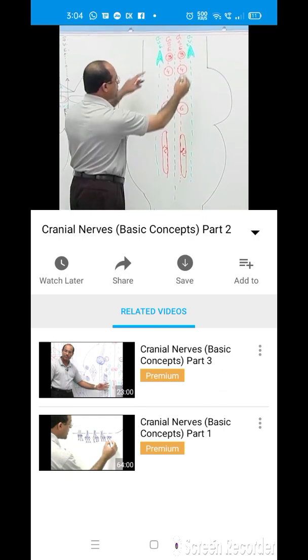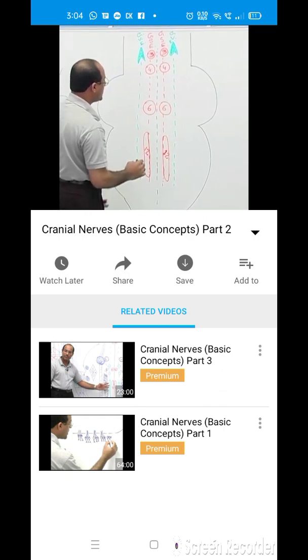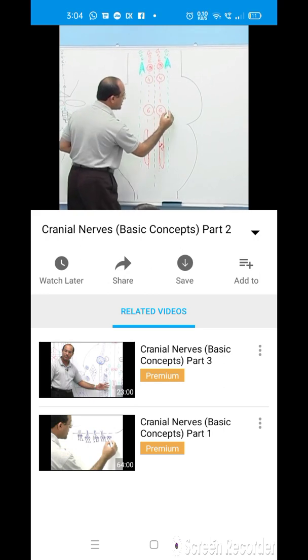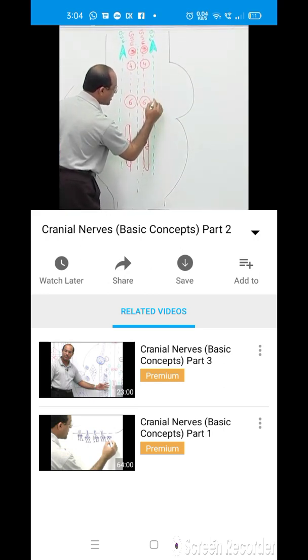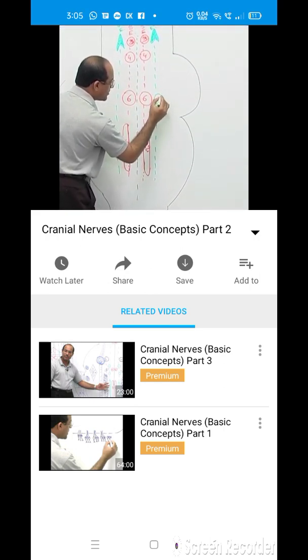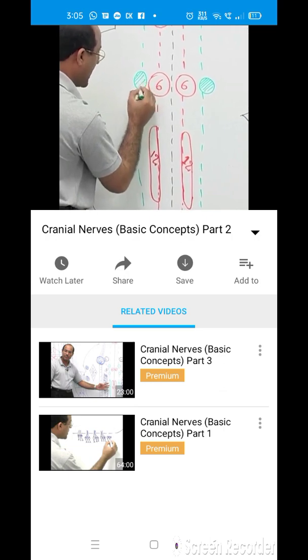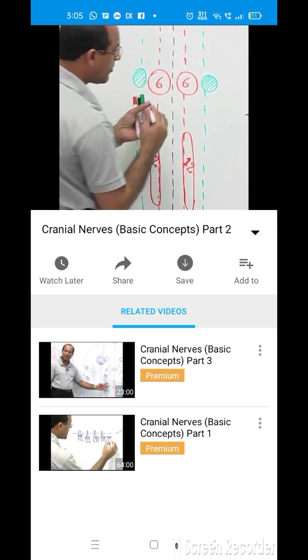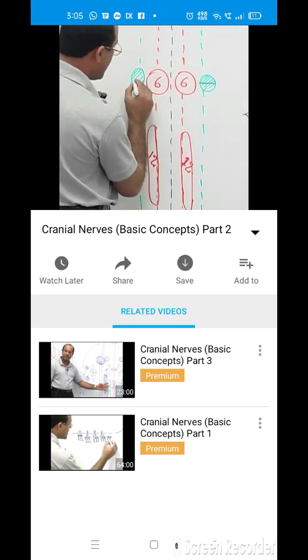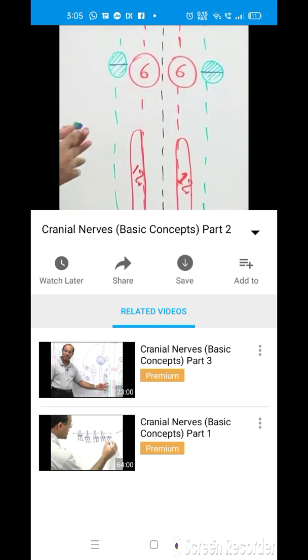After this, the next nucleus in the same column is somewhere near here. This nucleus has two halves, an upper half and a lower half.